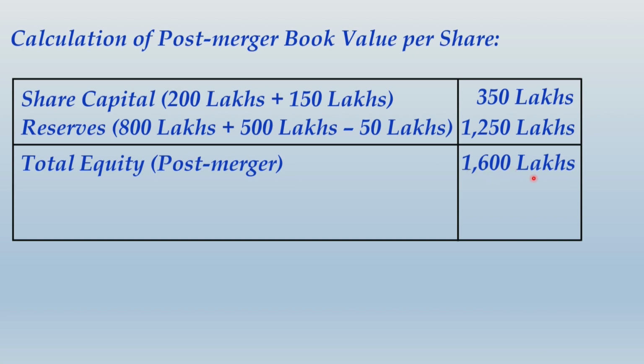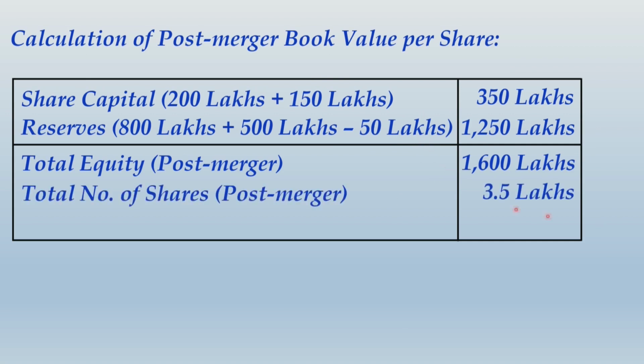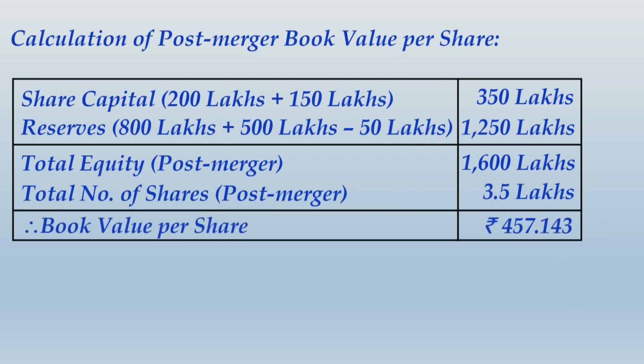That will never change. And so if you are writing it as a breakup of share capital and reserves and surplus, don't forget to adjust this 50 lakhs over here. Thereafter, the total number of shares post merger is 3.5 lakh shares, and book value per share comes to 457.143. So friends, take note of these calculations also, and then we shall move ahead.